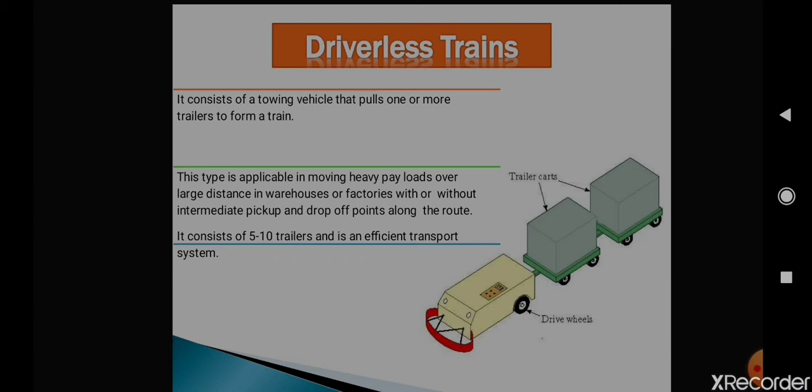It will have some driving unit in front of it, through which the components are moved from one place to the other place without any human assistance. The drive wheels and this driving unit itself will work as a driver to carry the components. It is just like the railways you might have seen, the similar kind of equipment will be there, but of smaller size.